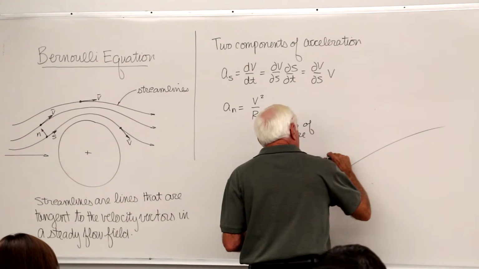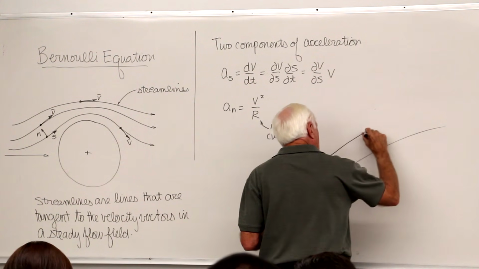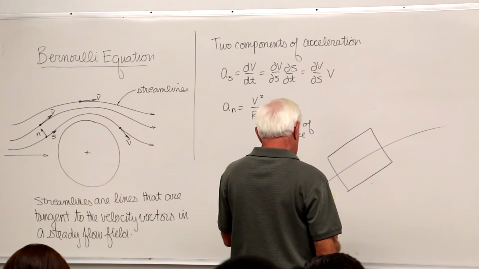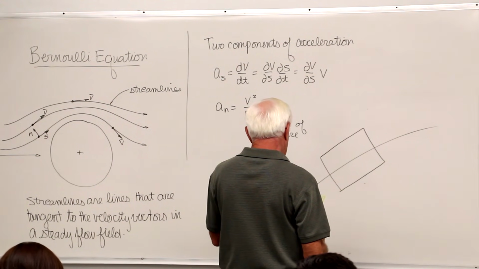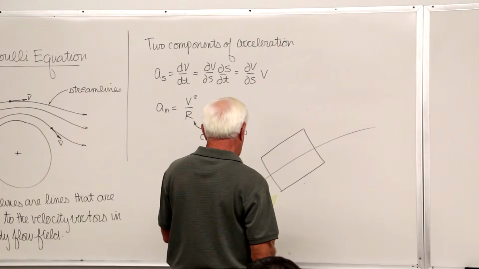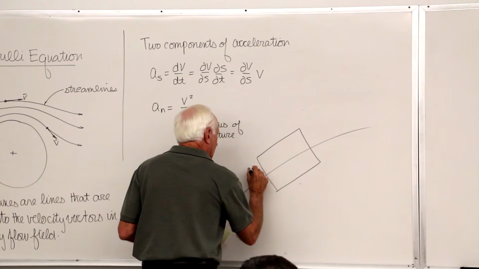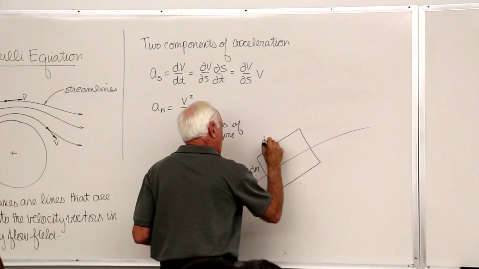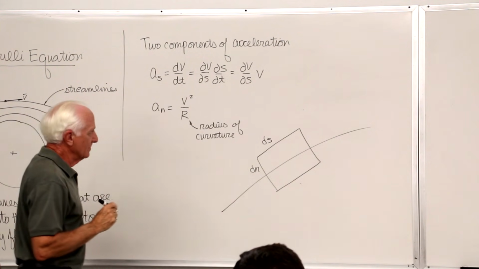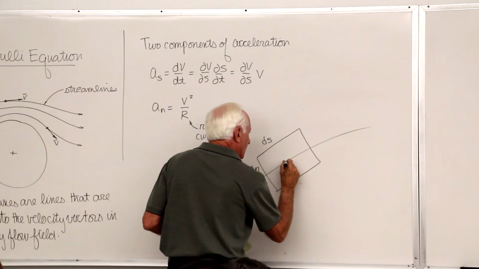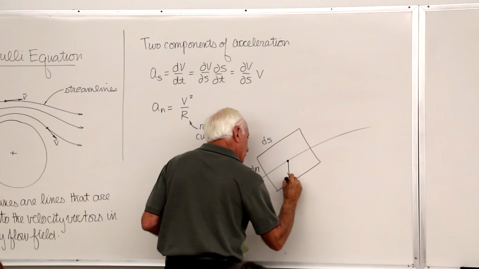Okay, so we have our little differential element. And let's see, we're defining delta S this way and delta N that way. So here's delta N, here's delta S, and we have the weight of that little differential element acting down.